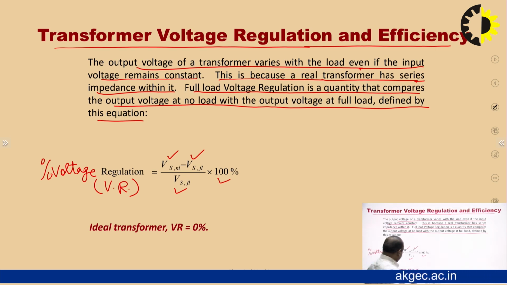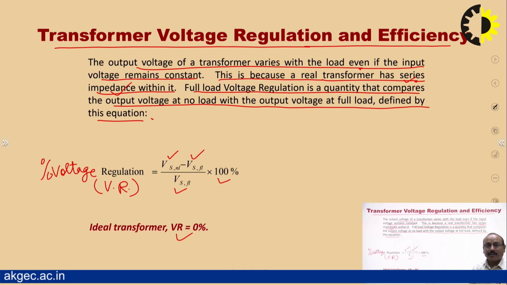For an ideal transformer, voltage regulation is 0%. The reason being, in an ideal transformer the winding resistance and leakage reactance are 0, or in other words, the series impedance of the winding in an ideal transformer is 0. That is why, with the flow of current in the winding, there will be no voltage drop due to 0 series impedance.